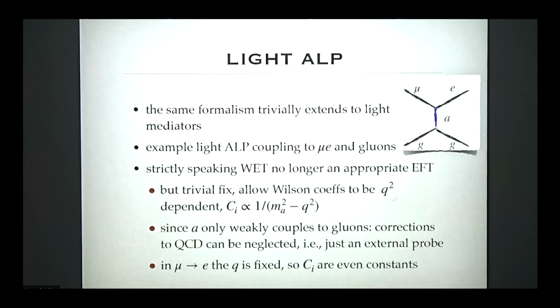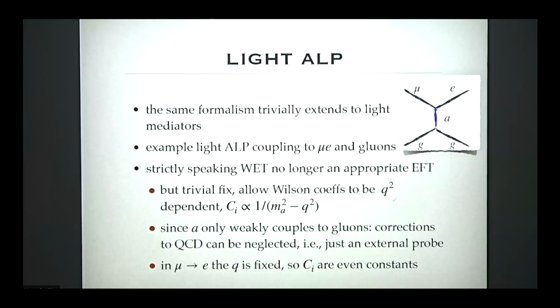The light ARP is a different example for a different reason. So I had this assumption of heavy new physics, which is the usual thing when I can talk about the EFTs. But in this case, it's very easy to include also light mediators, because all they do is they will talk between the leptonic current and something that is like gluons or quarks.